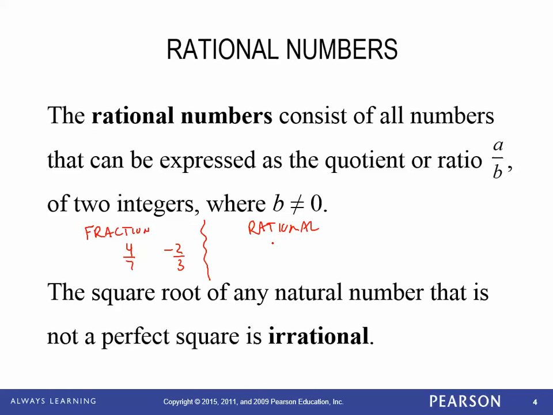Rational numbers, you can have the 4/7, you can have the -2/3, and then you can also have variables in here as well, as we'll see as we get into algebra. So with rational expressions, you can actually have x over 3 as well. That's the distinction there. So fractions can't have variables in them, rationals do. And the other type of number we have is the irrational numbers.